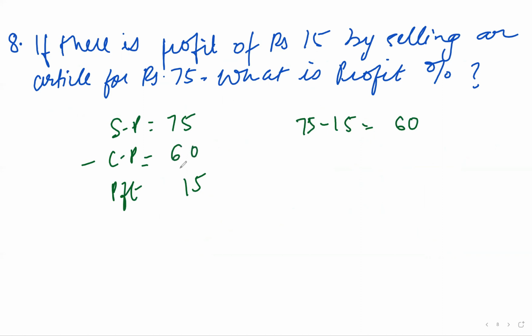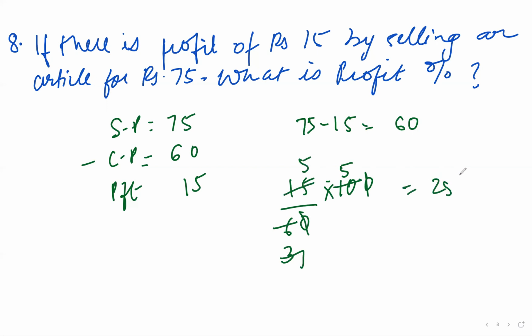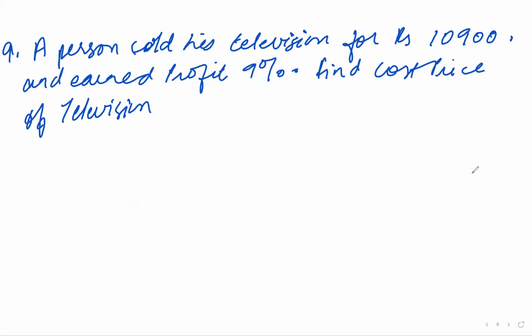Correct? So now profit percent is profit over cost price into 100. 2 3s are 6, 2 5s are 10, 3 5s are 15. Answer is 25%.